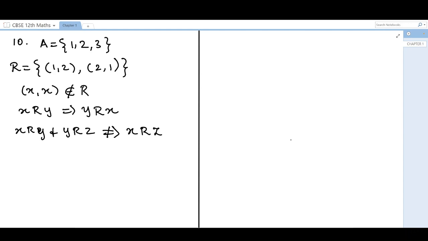So x related to y implies y related to x, but a line is not perpendicular to itself, therefore it is not reflexive. If you take three lines L1, L2, L3, L1 is perpendicular to L2 and L2 is perpendicular to L3, but L1 and L3 will not be perpendicular to each other. Therefore, this is an example of a relation which is symmetric but neither reflexive nor transitive.